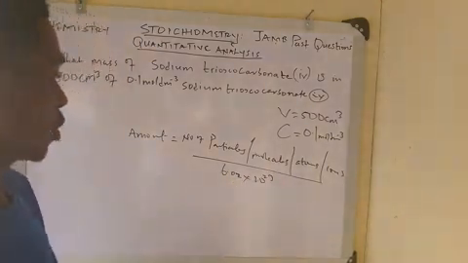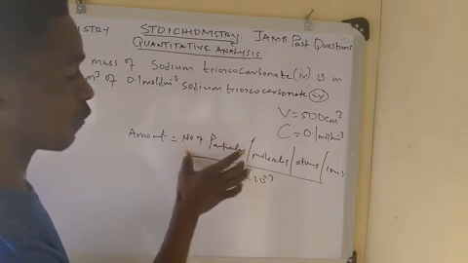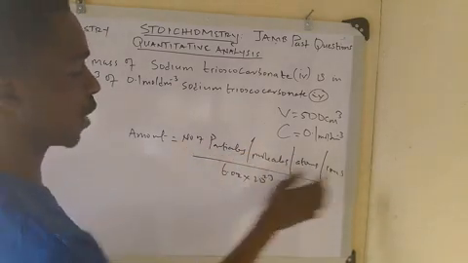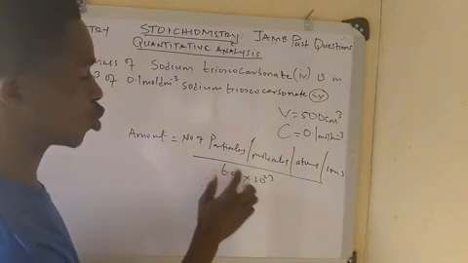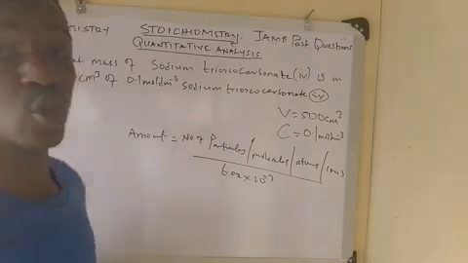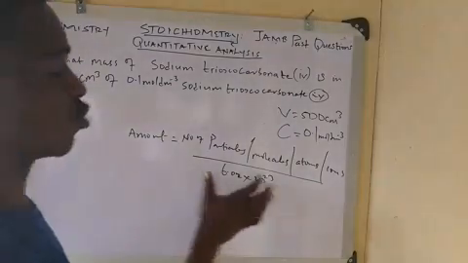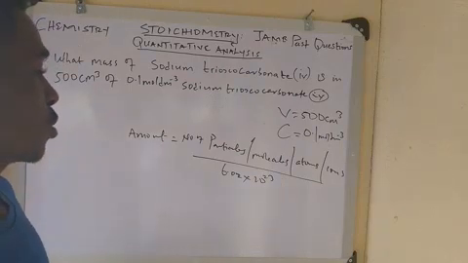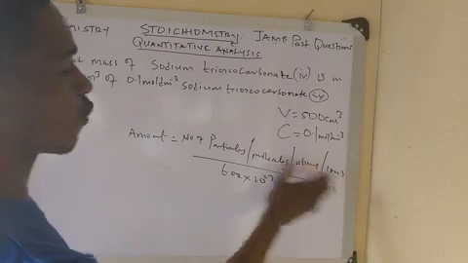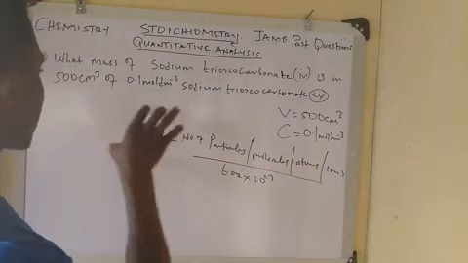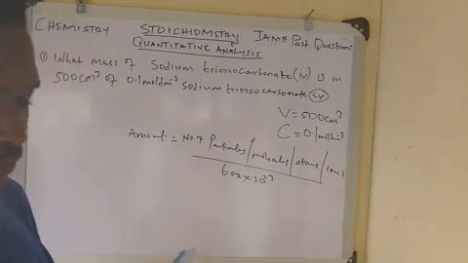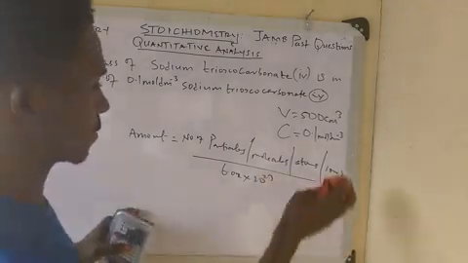So you can also say amount is equal to number of particles, or number of molecules or atoms or ions, all over 6.02 times 10 raised to the power of 23. And we call this Avogadro's number or constant. So you see, there's nothing like number of particles here, so we cannot use this to get the amount. So this is not the right formula to use first. So can we check the last formula?